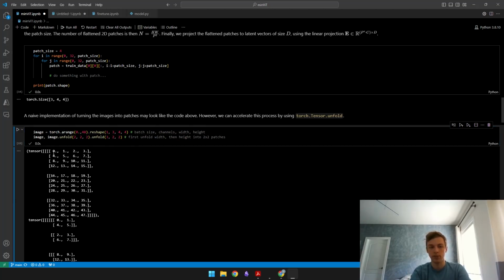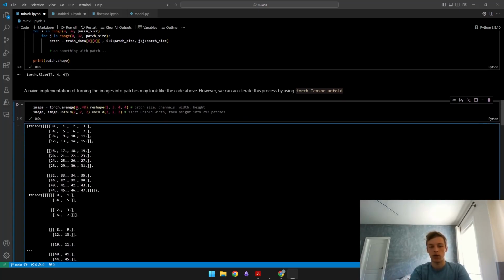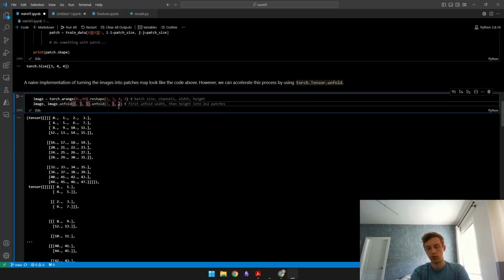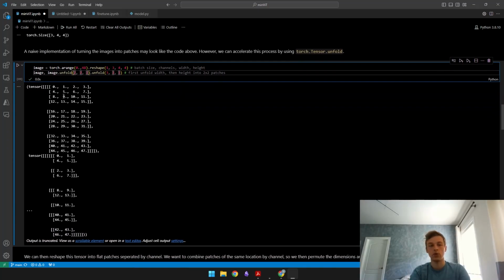So here we can see the image. This would be the red channel right here, green, and then blue. And if we unfold the image along the second dimension to 2x2, third dimension to 2x2, we can see here we get the patches.